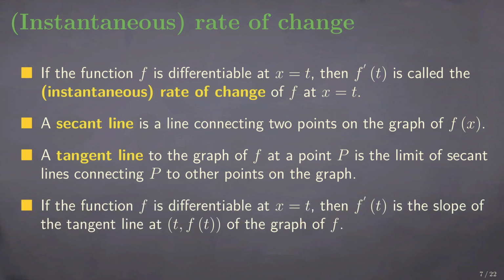So if the function f is differentiable at x equals t, then f prime of t is the slope of the tangent line at the point with coordinates t, f of t on the graph of f. It also means that if f is not differentiable at x equals t, then at the point with coordinates t, f of t, there is no tangent line to the graph.